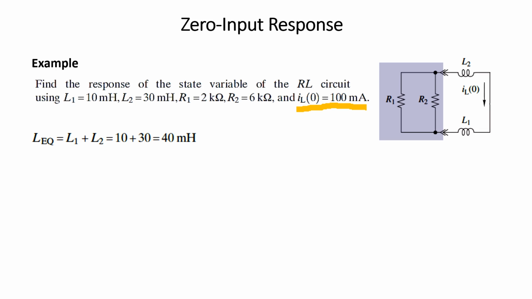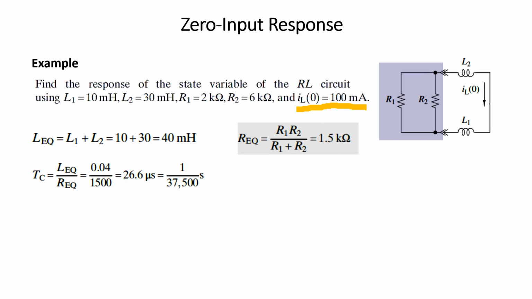Now we find what is L equivalent. Inductors in series are summed like resistors. So we find the equivalent inductance, resistors are in parallel, we find the equivalent, and then we find the time constant, which is 26.6 microsecond. And this is the solution. IL, I have represented over here. IL means this current which is flowing through both of these two inductors which are in series, for t greater than or equal to 0.